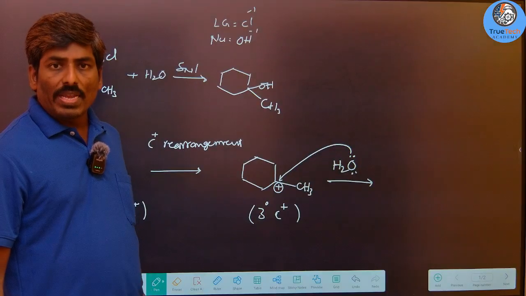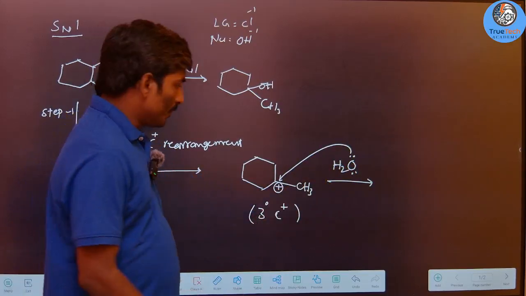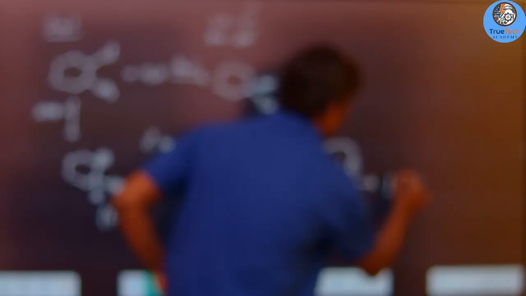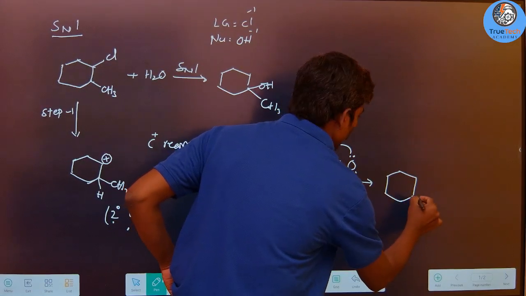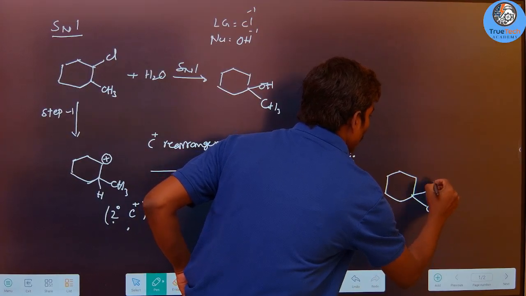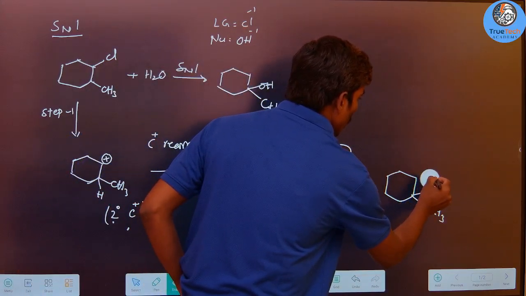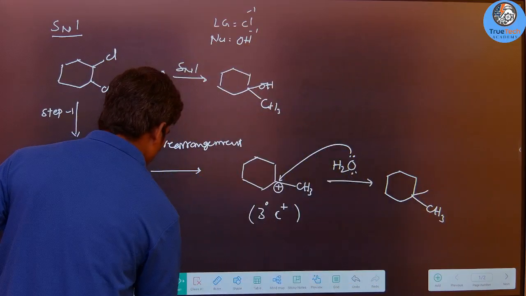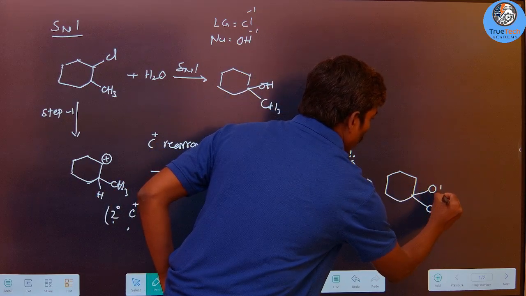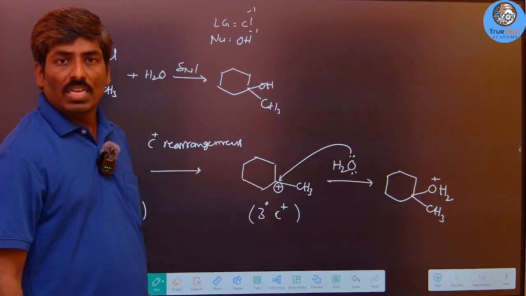Here, the lone pair of oxygen present in the water attacks the carbocation, because the carbocation acts as an electrophile, and this species acts as a nucleophile. So this is how the nucleophile attacks the tertiary carbocation.